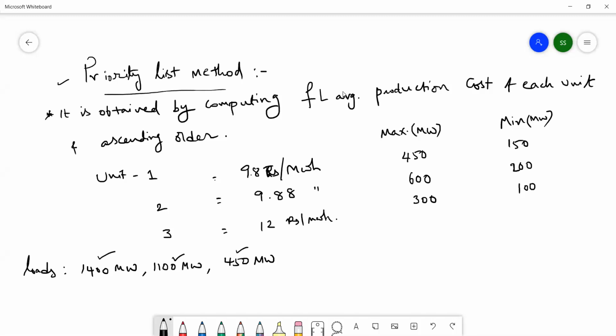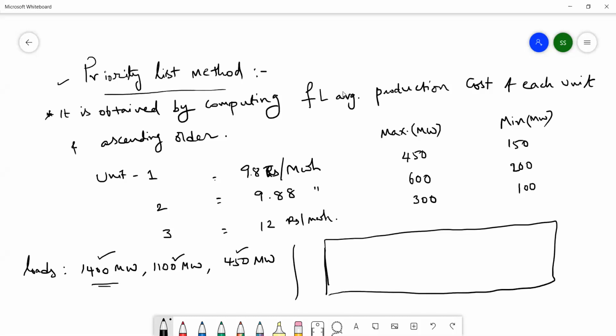There are 3 categories of loads available, right? If you consider the first one, in order to meet this first load, which units do we need to operate? This is your number of units and the load maximum and minimum.